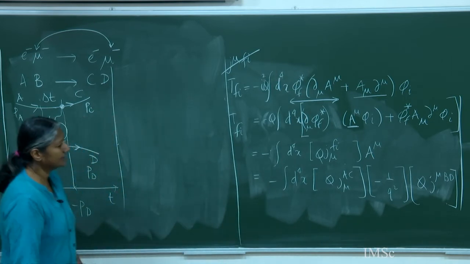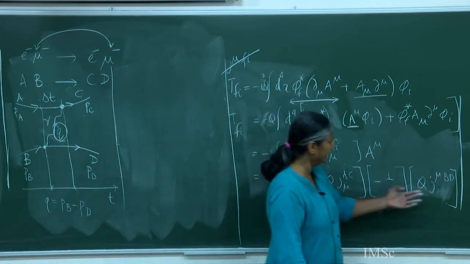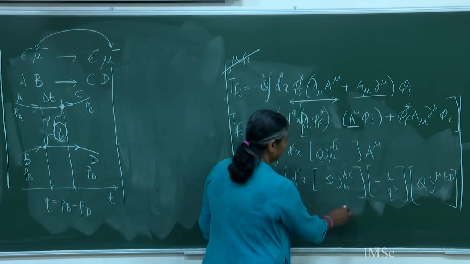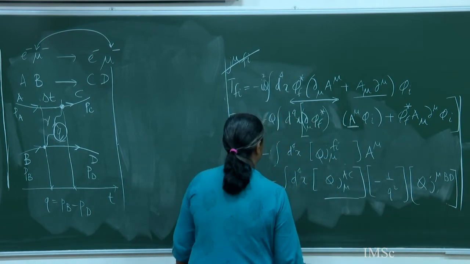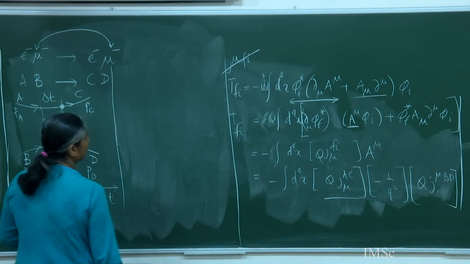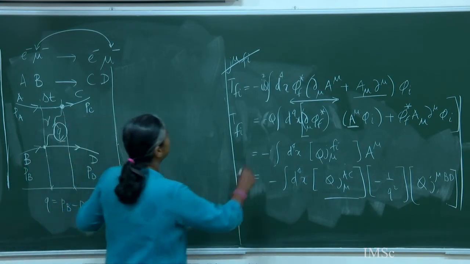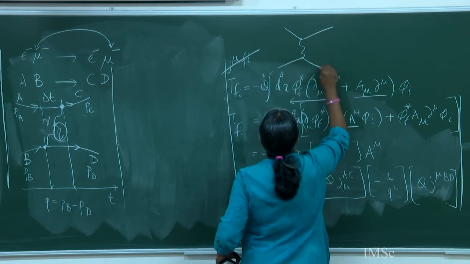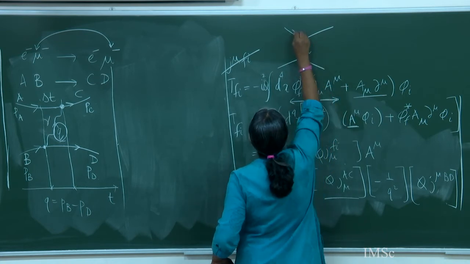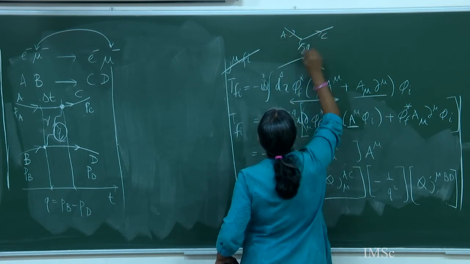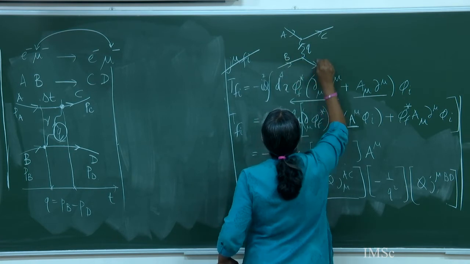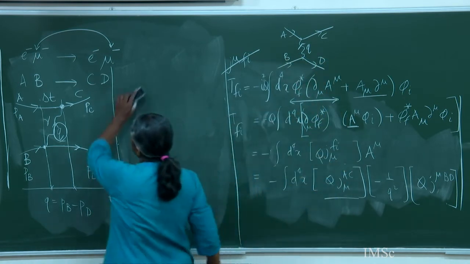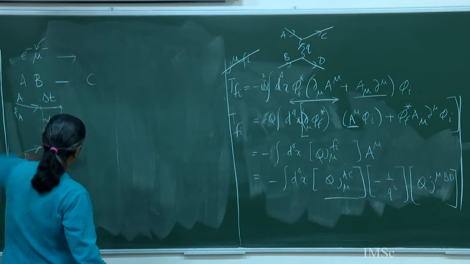So we can see that it's symmetric between the currents AC and BD, and we identified this term. So now we have to do some more work. I will write this diagram over here, A, C, so that we remember what it looks like, because I just want to now finish this calculation.